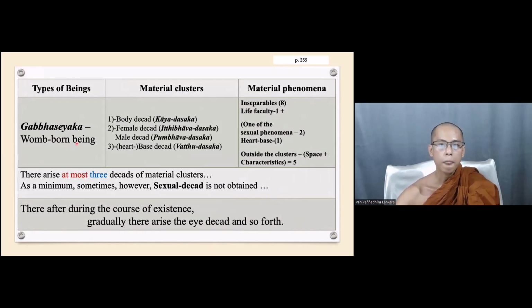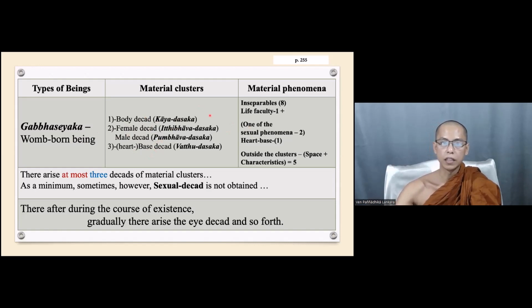So here, at most 3 decades of material cluster: body decade, female or male sex decade, either one of those, and base decade. Only 3 for the Gabbhaseyyaka in the mother's womb. When the being starts, at the moment of rebirth consciousness, only 3 decades.